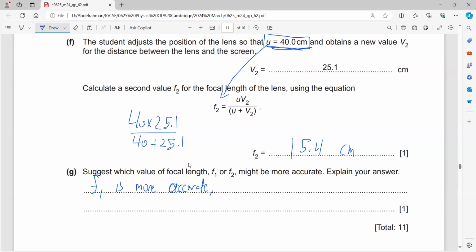Why is F1 more accurate? Because as U decreases, the image height increases.